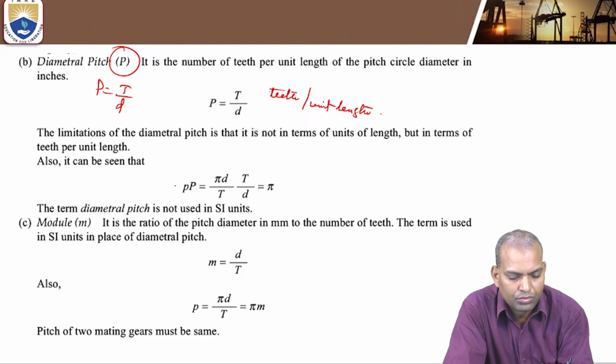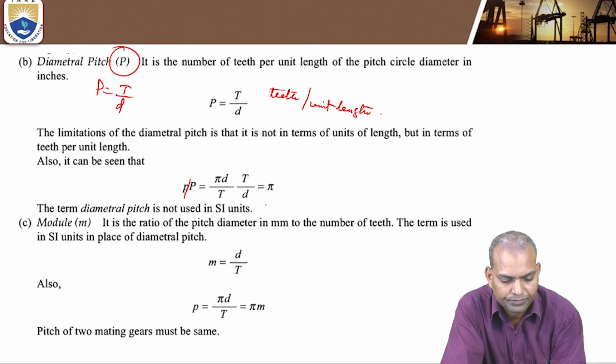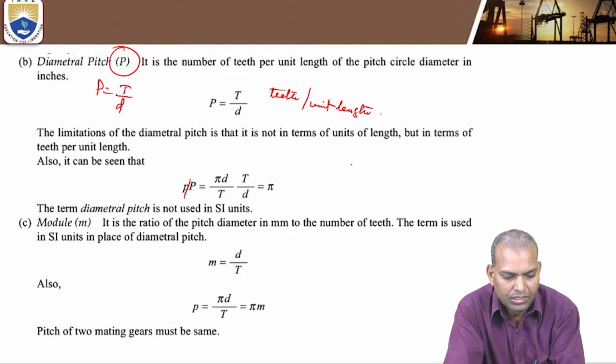So, pi d by t is small p, and capital P is the diametral pitch.